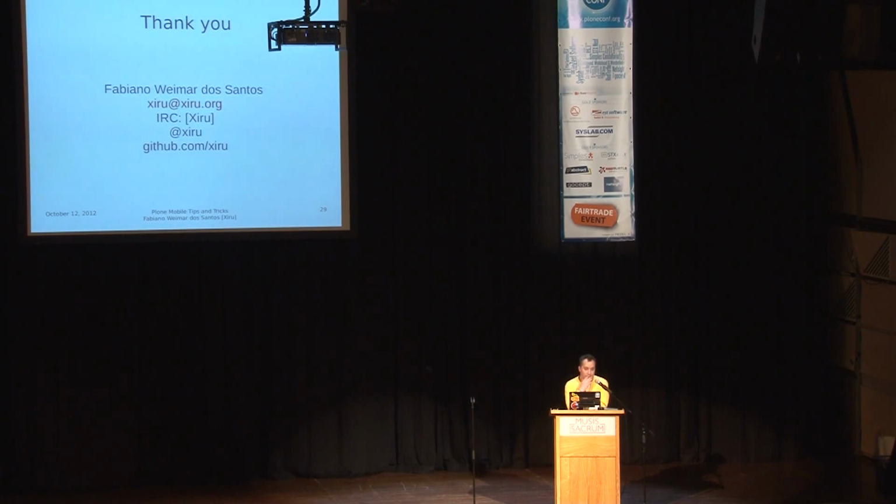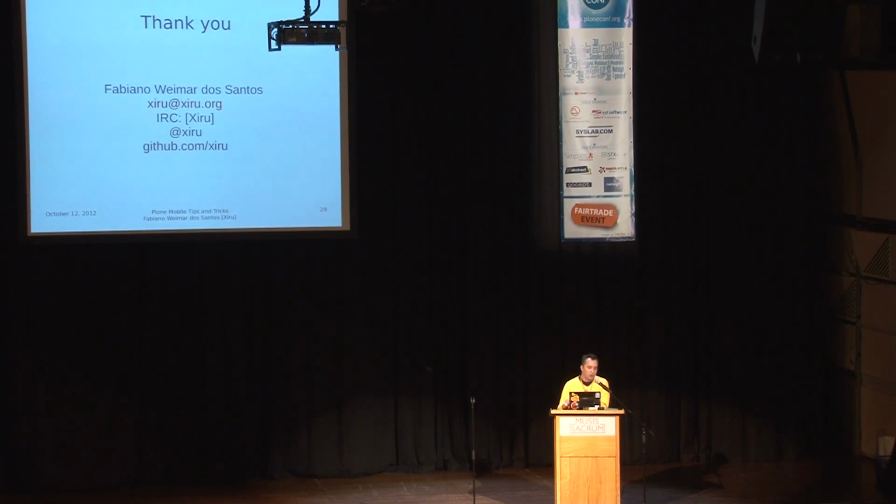When you did the jQuery Mobile stuff, has all the CSS from the regular Plone site been discarded, or was there something left? Was there only the CSS file from jQuery Mobile, or did you also still have some styles from the Plone site itself? Okay.